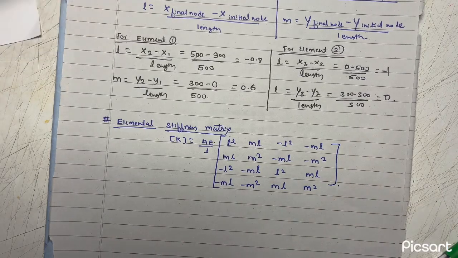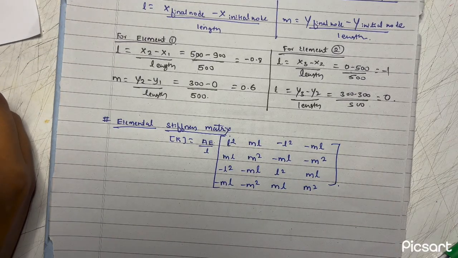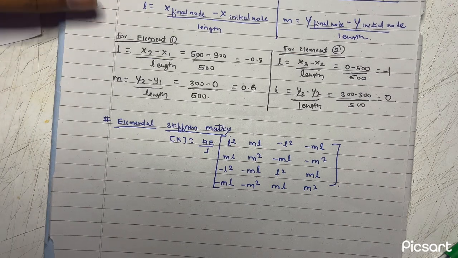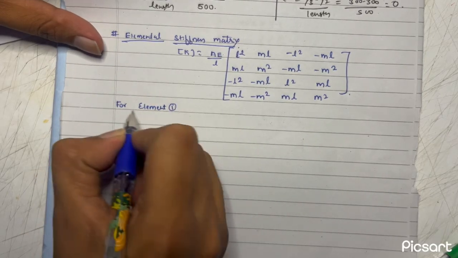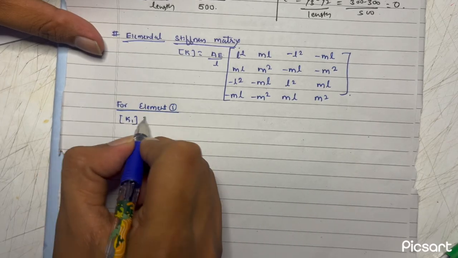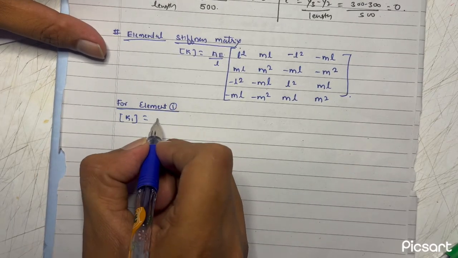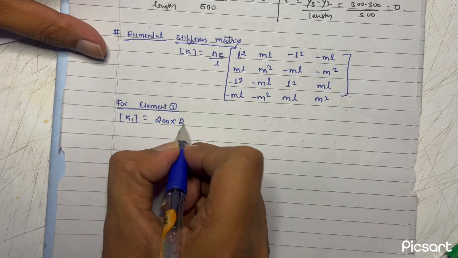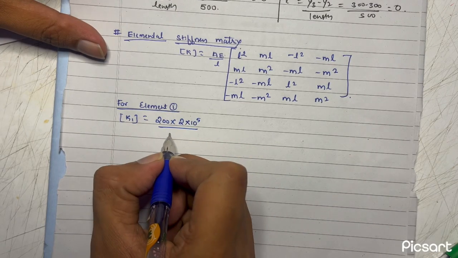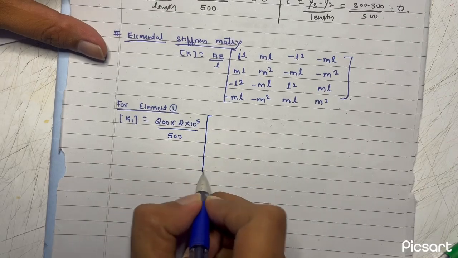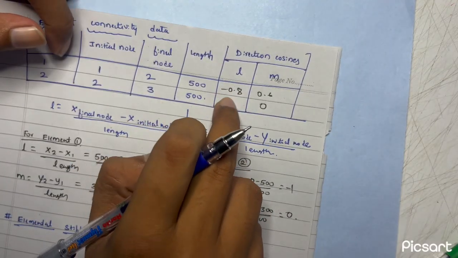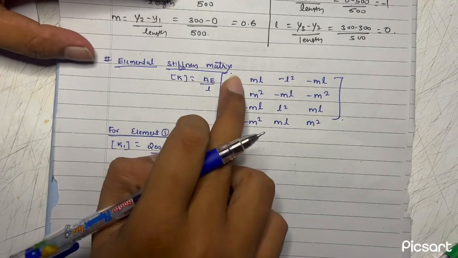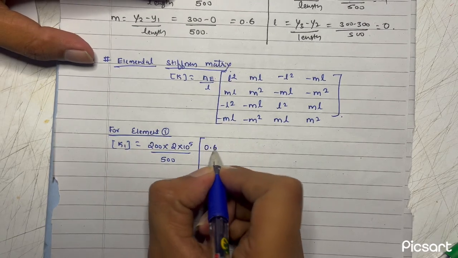So here we have two elements, so we have to calculate K1 and K2. For element 1, K1 is equal to area 200 and Young's modulus 2 into 10 raised to 5, divided by length 500. Here just substitute L as minus 0.8 from this table, whole square, because it is L square. After calculation we get 0.64.